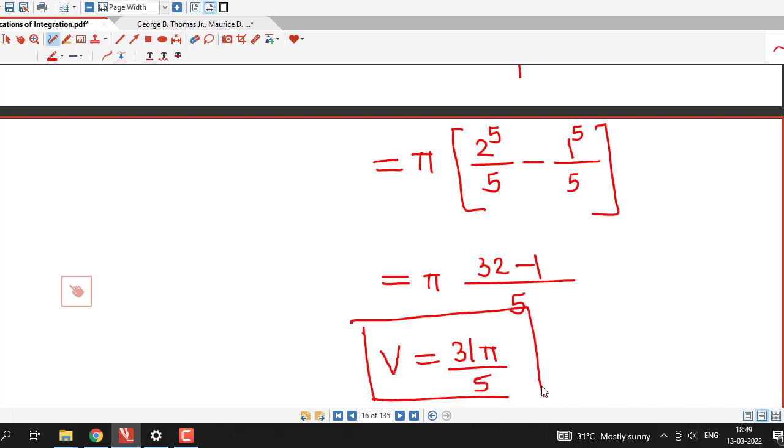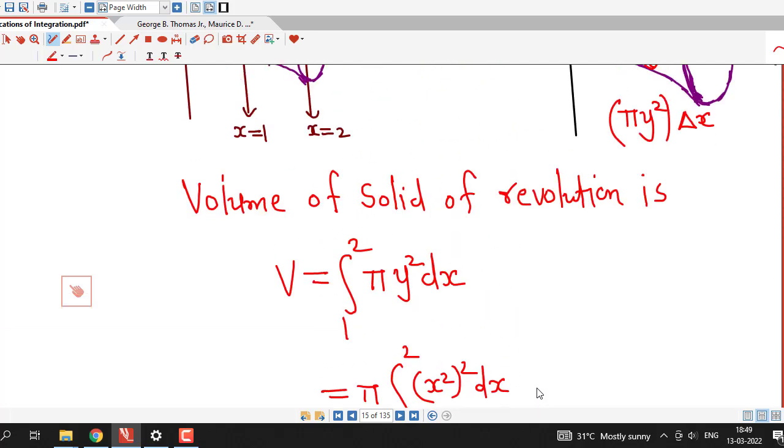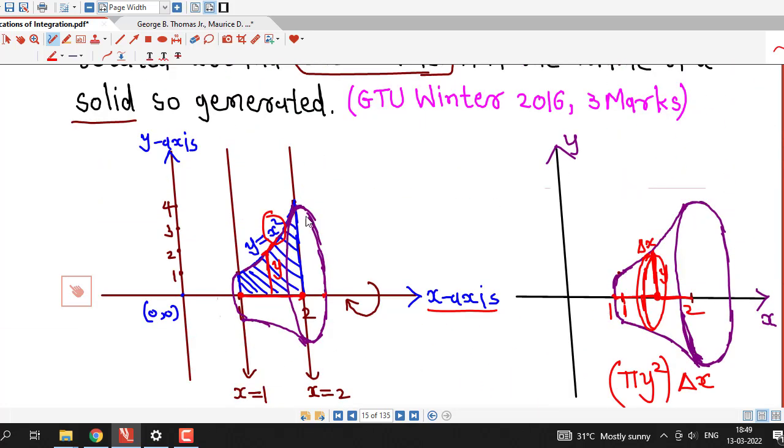So this is the volume of the solid which is generated by revolving this plane region indicated by blue lines about the x-axis. So again I repeat, here we are given this plane region shaded by these blue lines. We are rotating this plane region about the x-axis and we obtain this solid of revolution.